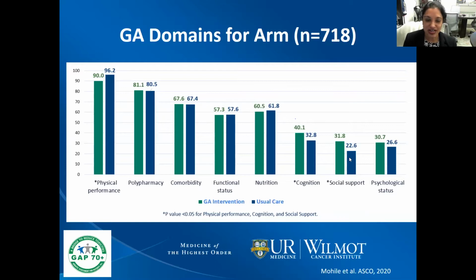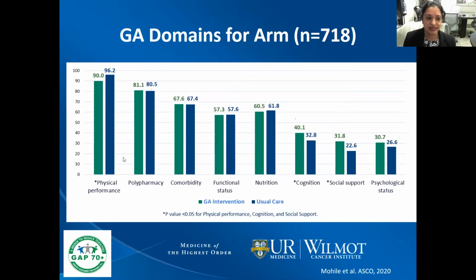I'm continually surprised by this slide every time I show these results. We had 718 patients enrolled, and the patients were much frailer than I expected, even as a geriatric oncologist. Remember, these are patients receiving chemotherapy and other high-risk treatments. The median number of geriatric assessment domain impairments was 4.5. We in geriatric oncology think about 2 domain impairments really being correlated with frailty. So these are really frail older adults.